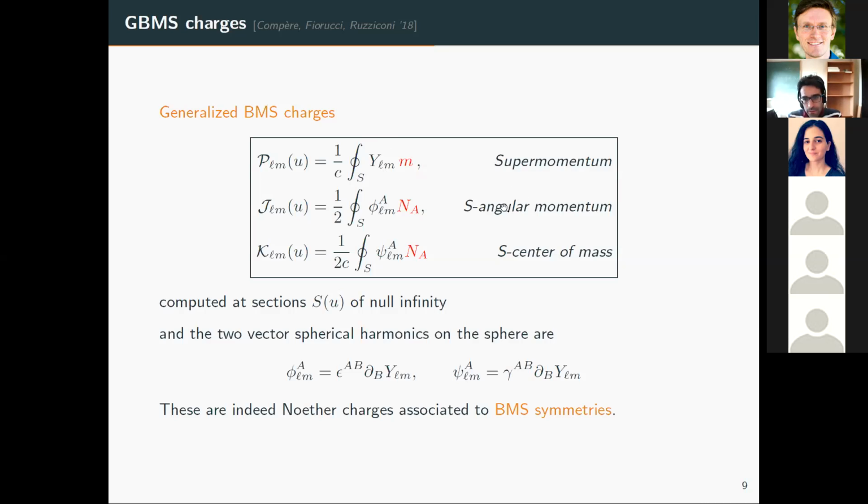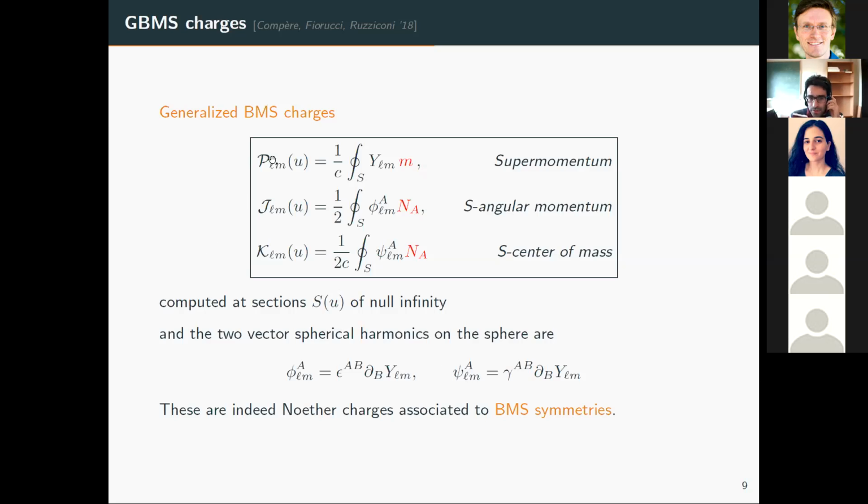And similarly for super angular momentum and super center of mass, corresponding to super rotations and super boosts. These two are constructed out of the angular momentum aspect multiplied naturally with a vector spherical harmonic, and these are the two vector spherical harmonics.